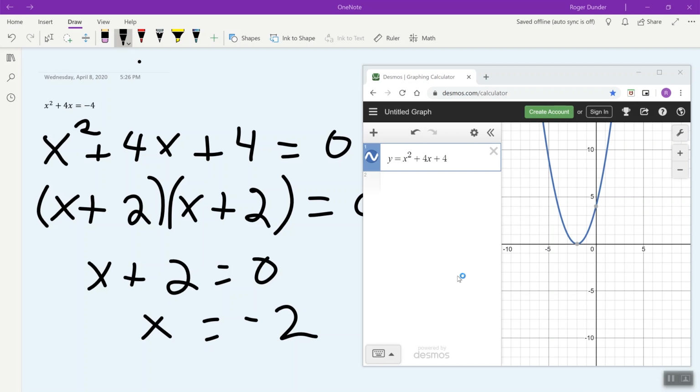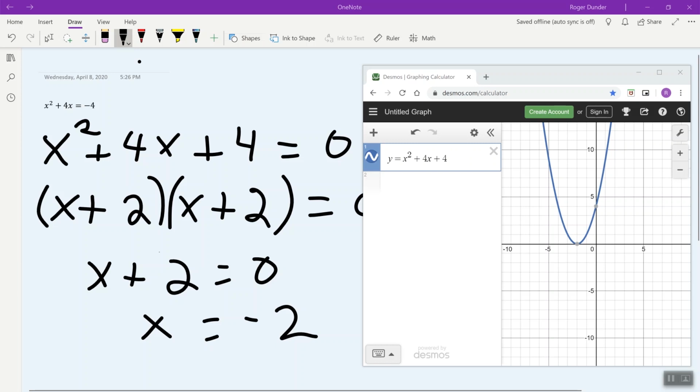Now first off, let's recognize that this is a quadratic equation, x squared plus 4x plus 4. And ordinarily it would be equal to y, or we might call it f of x equals x squared plus 4x plus 4. And the question is, when does the value of this function equal 0? Because that's what we've set it equal to. Notice over here that we have x squared plus 4x plus 4 equals 0.